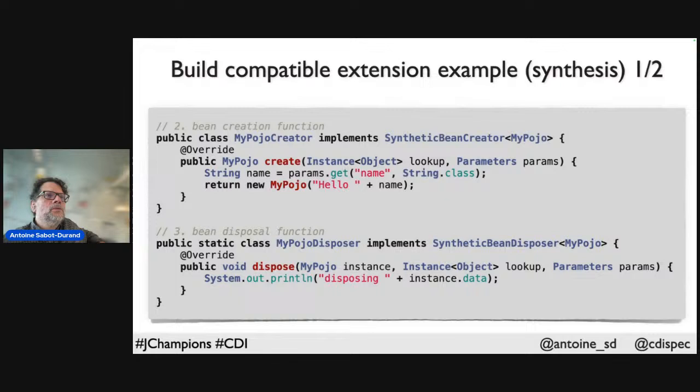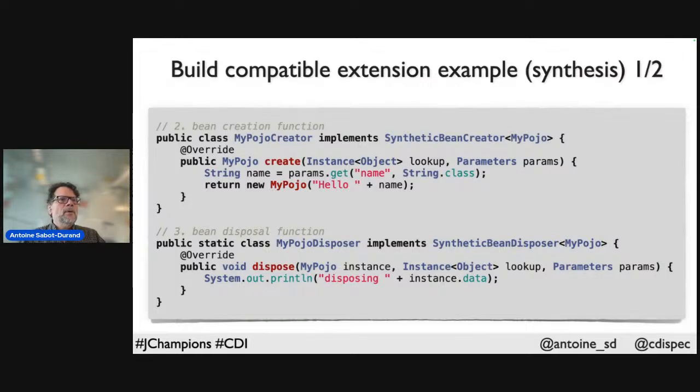You have to define a way of creating an instance for this bean and a way to dispose an instance of this bean. So how do I provide a new instance for my bean? I have to implement the synthetic bean creator, for the class myPojo.